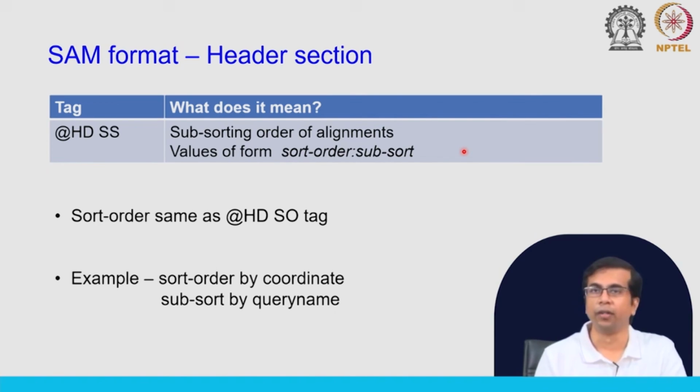So you can have two levels of sorting. You can have first sorting by coordinate, the position where it aligned, and then followed by the query name. And the sort order value will be the same as whatever the value is in the HD SO tag.